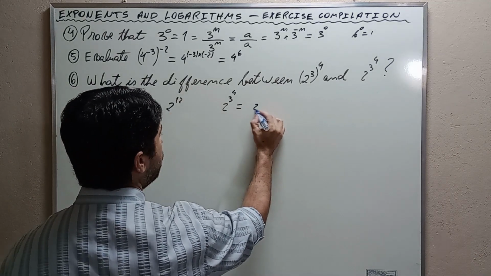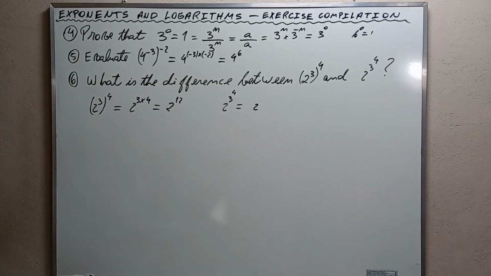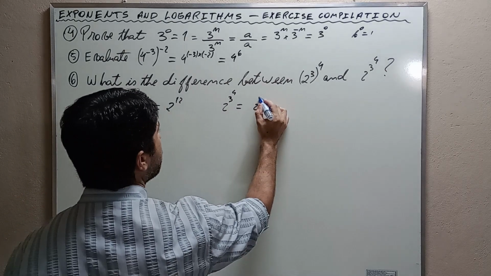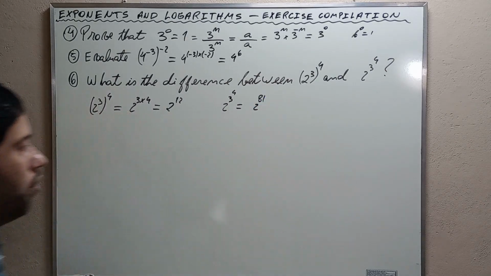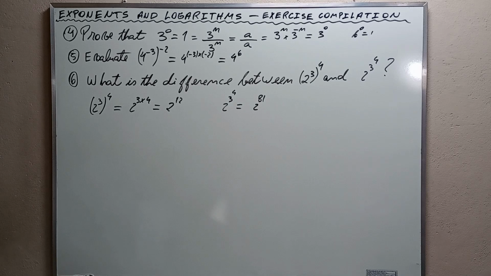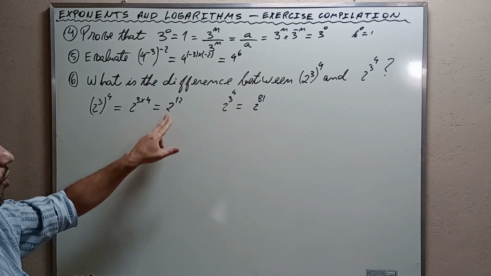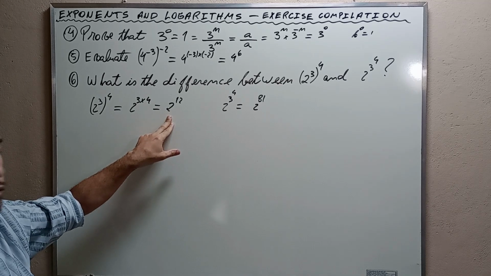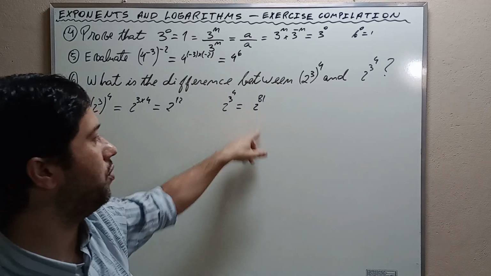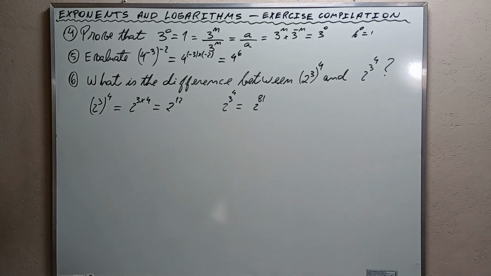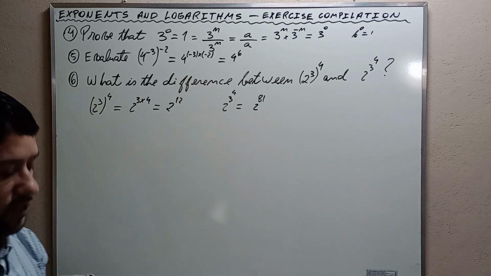Then it is 2, 3 to the 4th is 81. Then it is 2 being raised to the power of 81. Different from this, okay? So this results in 2 to the 12th power, and this results in 2 raised to the power of 81. Alright, my friends, this is the culture that we get from exercise 6.